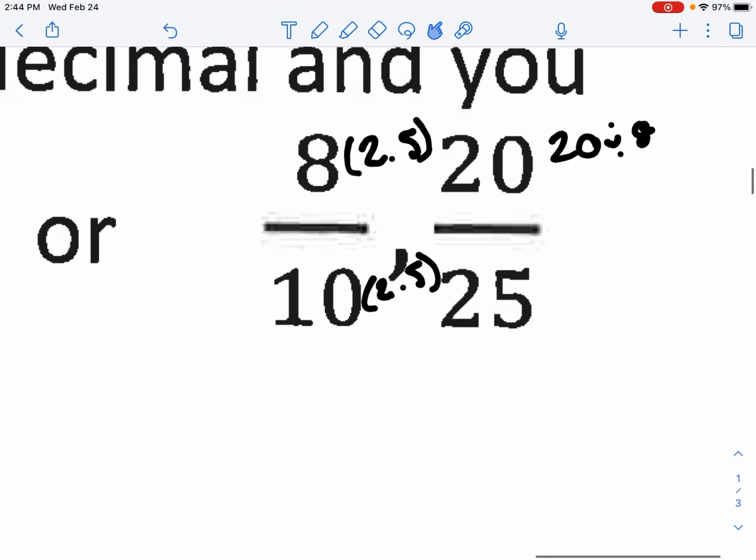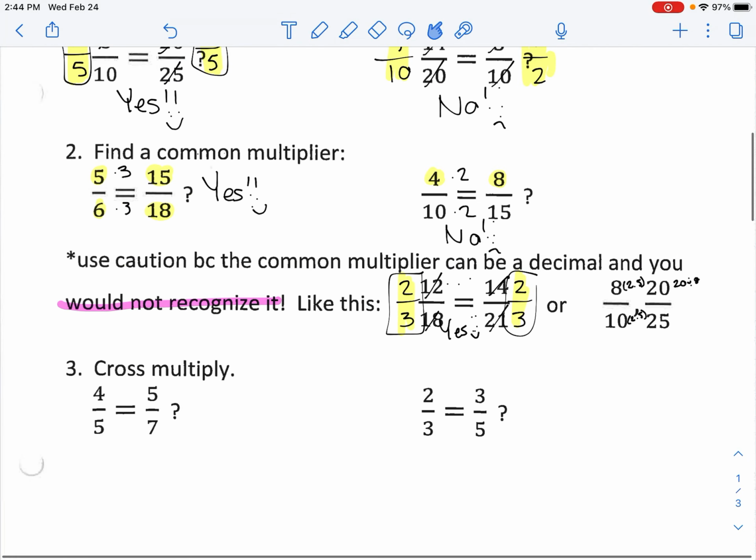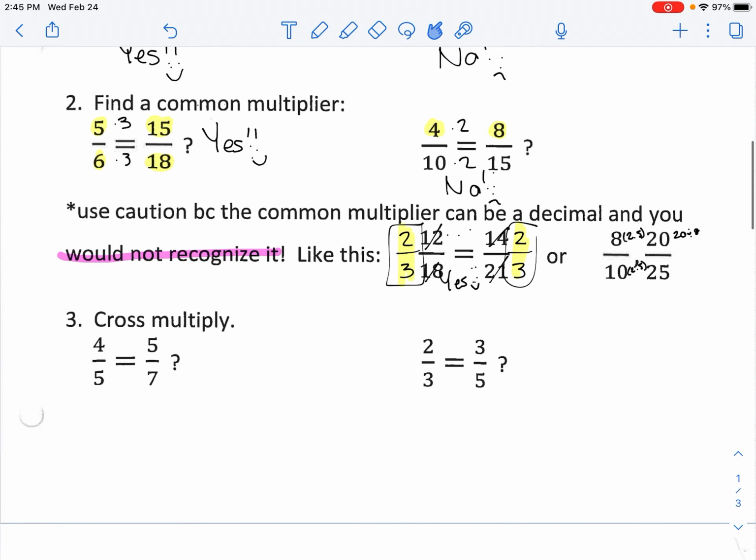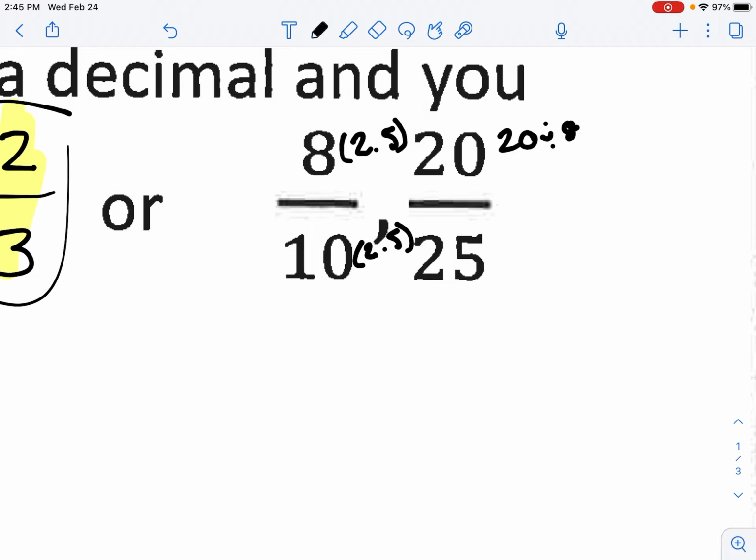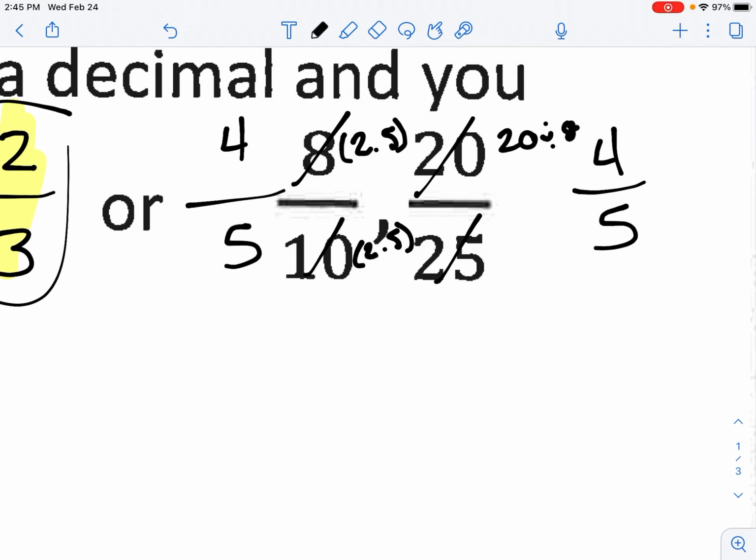So remember, I said use caution because sometimes that number that you're going to multiply by will actually be a decimal. Now, to check yourself, you can also reduce to lowest terms. So divide 8 by 2, you get 4. Divide 10 by 2, and you get 5. Divide 20 by 5, you get 4. Divide 25 by 5, and you get 5. So 8 to 10 reduces to 4 to 5, and 20 to 25 also reduces to 4 to 5. So that answer would be yes.